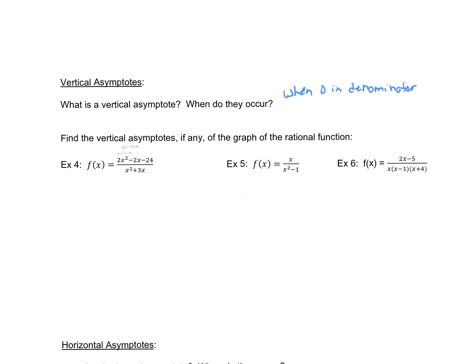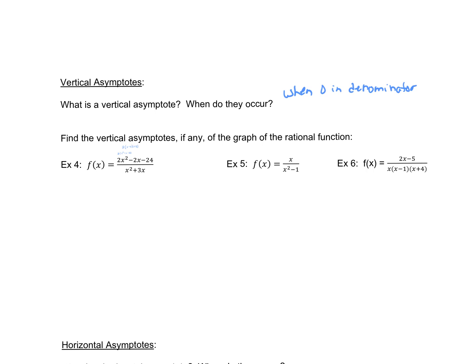Okay, so onward. What we're looking at now is how we find those vertical asymptotes. We're going to practice strictly just looking for vertical asymptotes and holes a little bit, and then we're going to talk about how we find horizontal asymptotes, because that's going to be part of these rational functions as well.